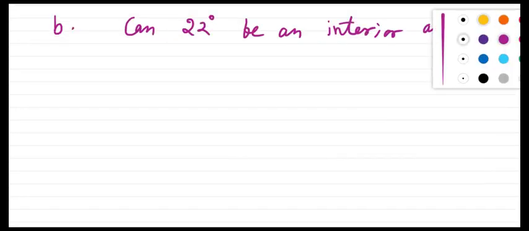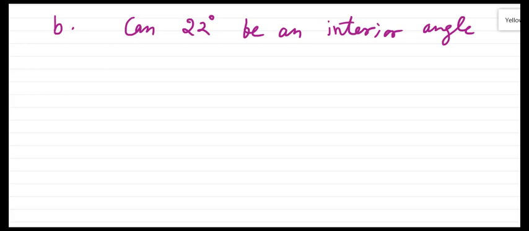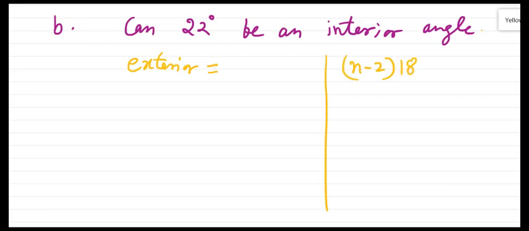The second part is, can 22 degrees be an interior angle? Here again you can do it with the exterior angle, or you can do it with another formula that I've given. The second method: (n minus 2) into 180 degrees divided by n equals 22. If you get n as a whole number, then it will be a regular polygon, otherwise it will not.